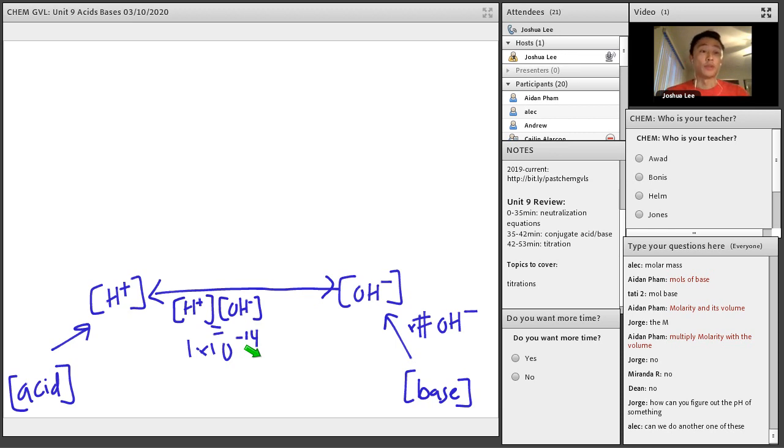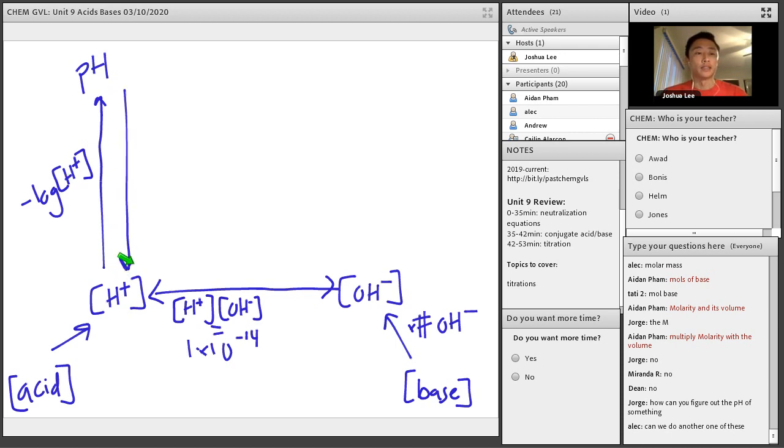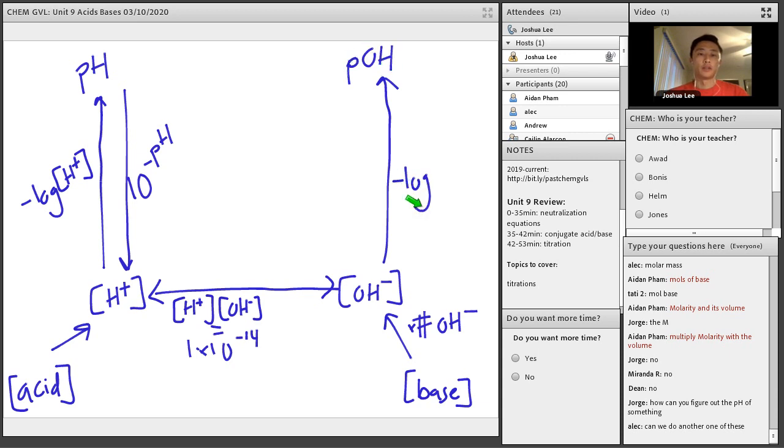Then if you know H plus, you can find pH. To do that, it's just the negative log of H plus. And if you're given pH, the anti-log is 10 to the negative pH. Similarly with OH, you can find pOH. pOH is the negative log of OH minus.